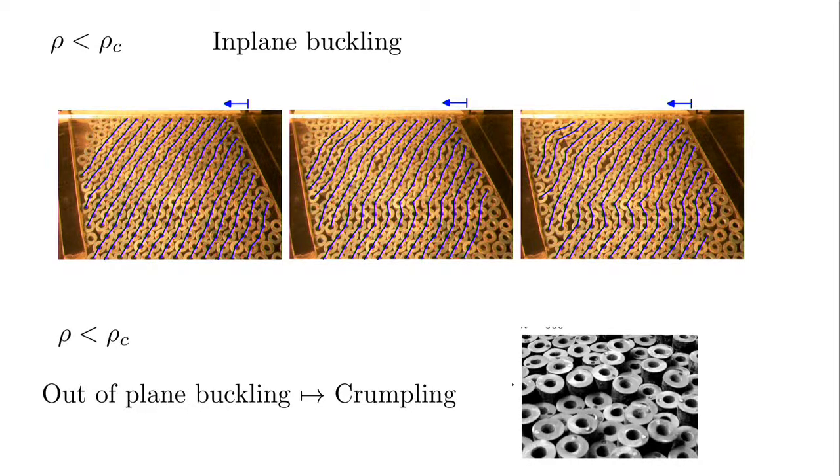The interesting part is, this is again ρ greater than ρc, not ρ less than ρc, is what happens when you go below or above a particular transition. If you are above this critical density of packing inside the system, the system actually packs well, but now it crumples out.